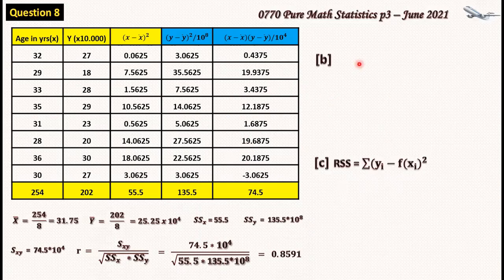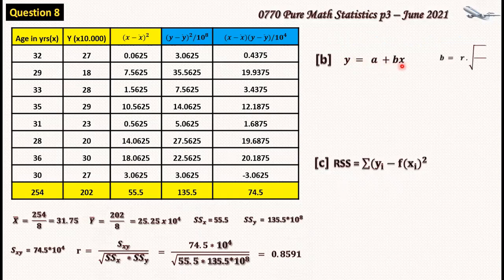The b part of the question wants us to find the equation of the least squares regression line of monthly income on age. So they want us to find y on x. The equation of the line is given by y equals a plus bx.